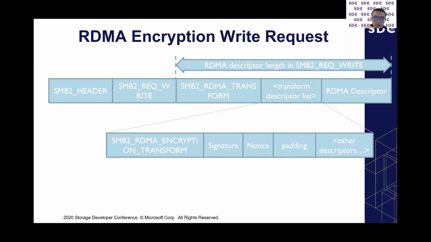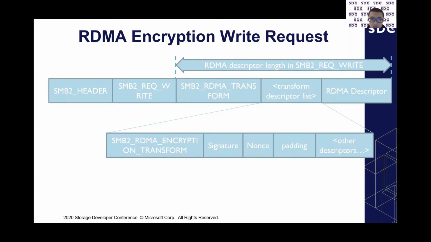Therefore, the channel, the descriptor length and offset in the SMB2 write request struct must be used to locate the entire metadata range as shown in this diagram.